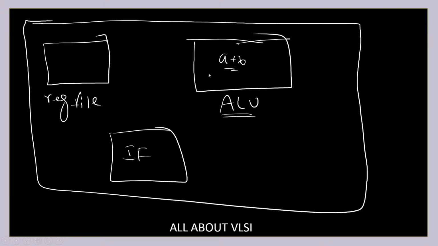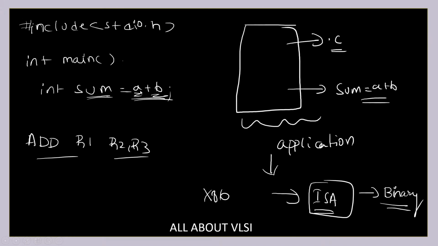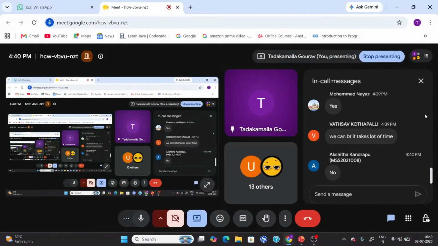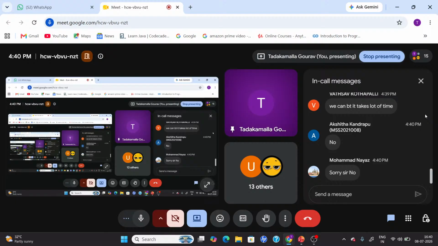Yes or no? We cannot use a single half adder, right? Obviously, because a single half adder is basically adding two single bits.